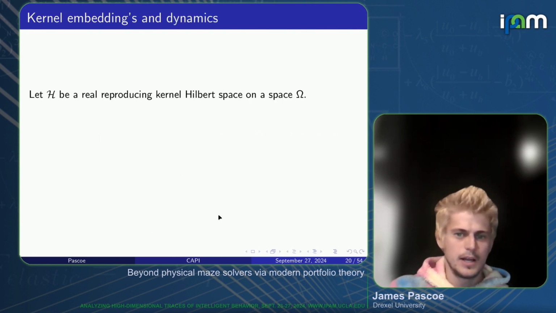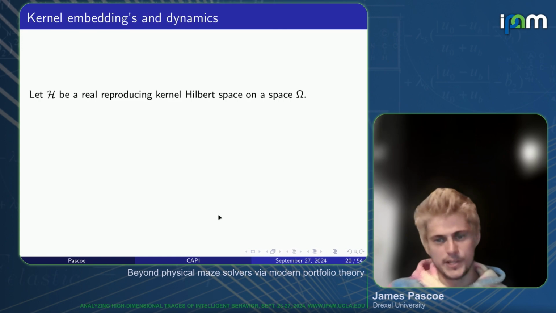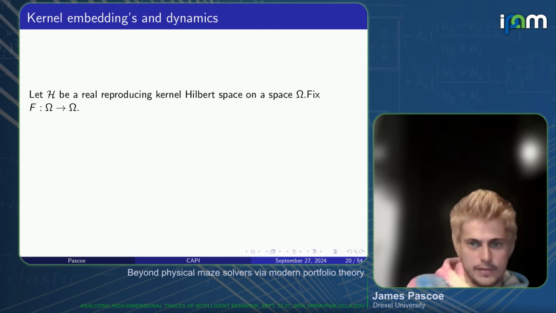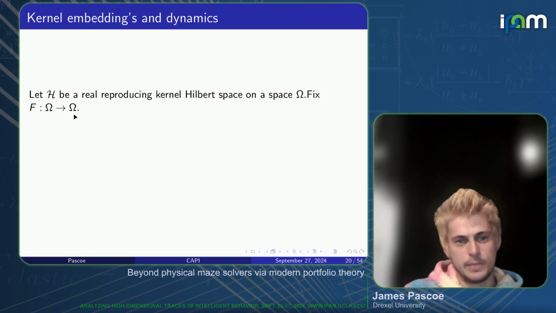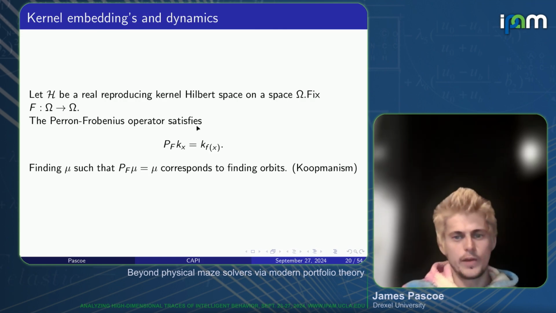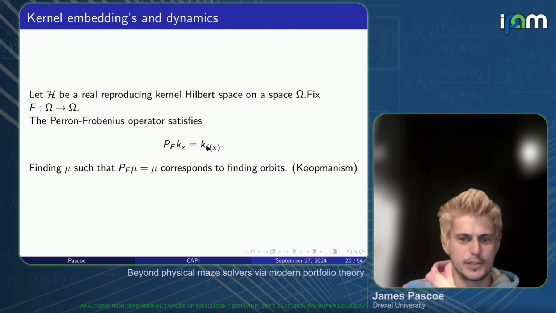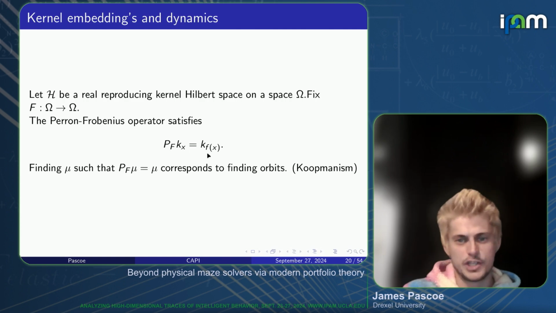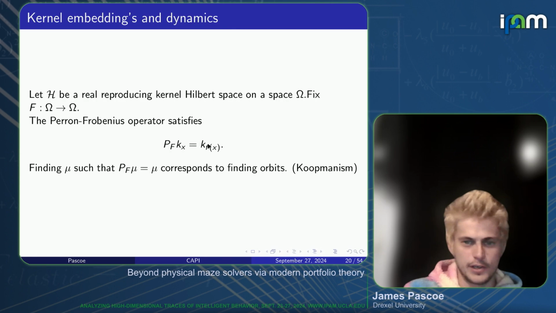There's been a recent set of applications to dynamics that I'm not going to talk too much about. If I have a function F from my set omega to my set omega, then we have these things called Perron-Frobenius operators, and this should be a capital F. When I apply the Perron-Frobenius operator to a kernel function, I should get back the kernel function at a different point, which is the kernel function at F of x.